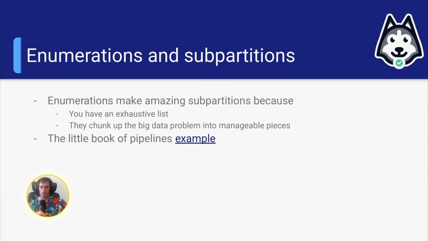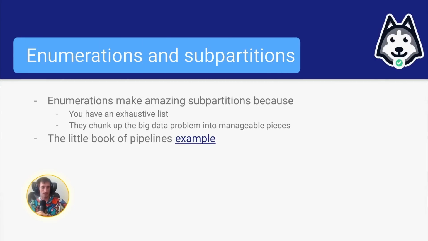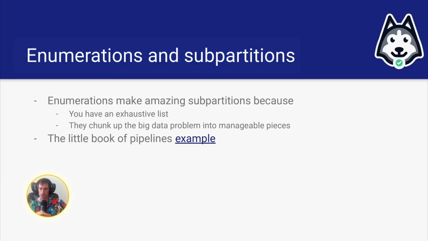One of the amazing things about enums is they can be a good value for your subpartitions. When I was processing notifications, you don't want to process all the notifications together because it's a lot. So instead of just partitioning on date, we partitioned on date and channel.